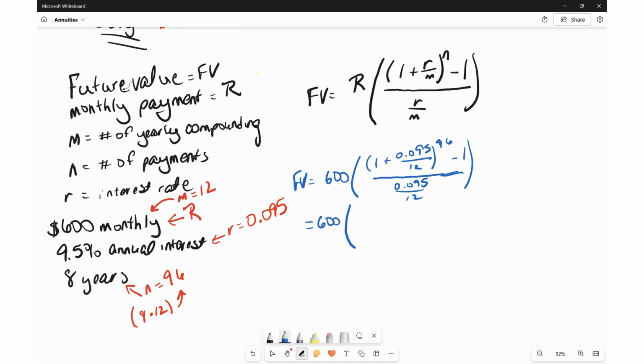So what we are going to do is start out. This is going to be 1 plus, and I'm going to put into my calculator 0.095 divided by 12. And this is going to give me 0.0079. And then I'm going to take it out this far and I'm going to round it.